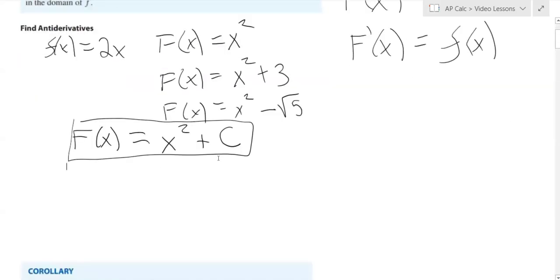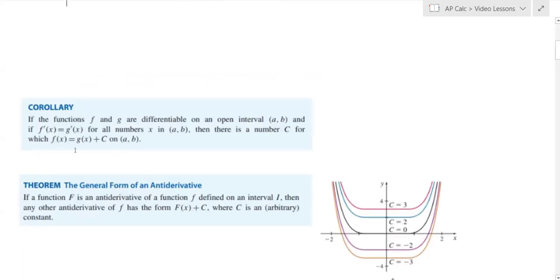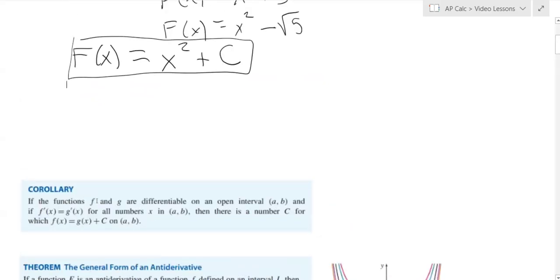And that has to do with this corollary that says if the functions f and g are differentiable in an open interval a and b, and f prime equals g prime for all those numbers, then there's a number c for which f equals g plus c on that interval. That's just showing that the antiderivatives are equal up to a constant.